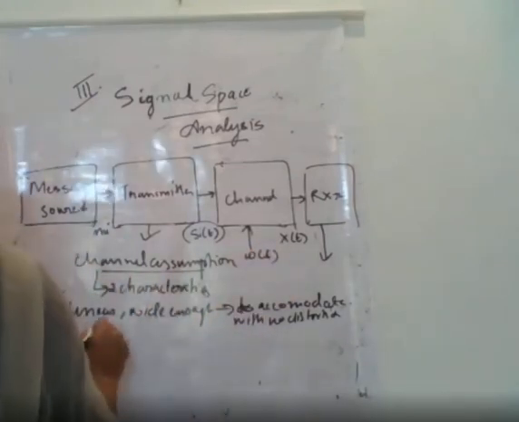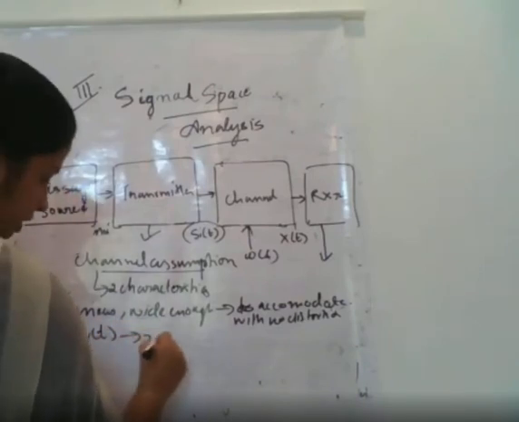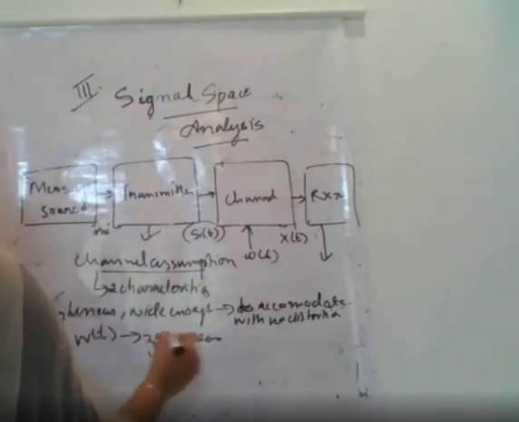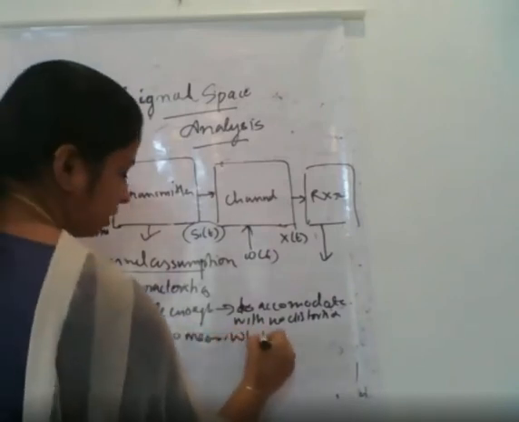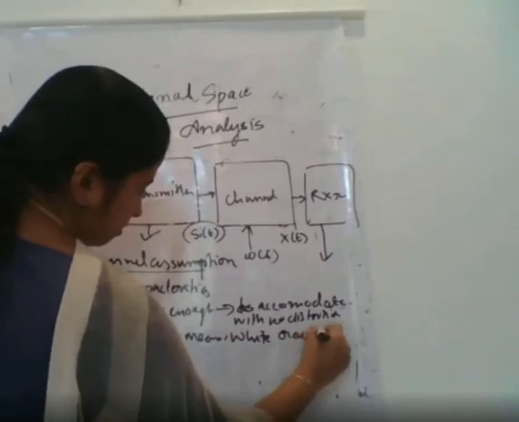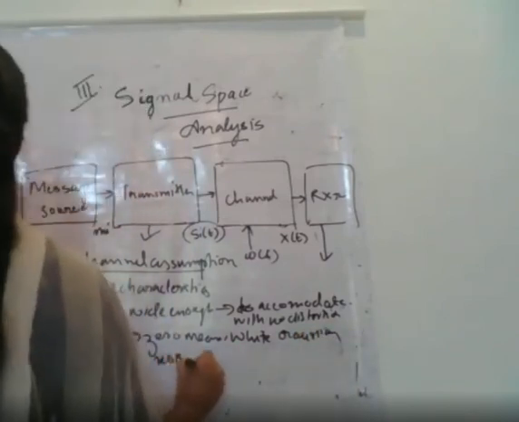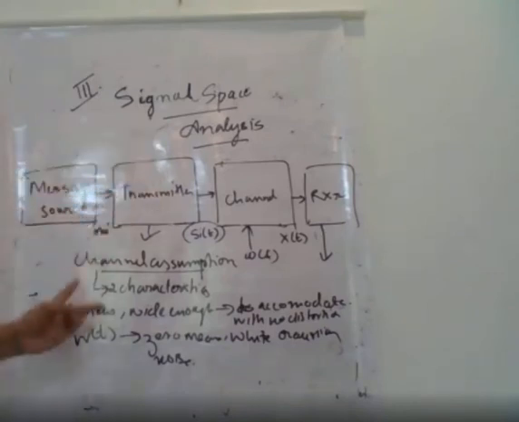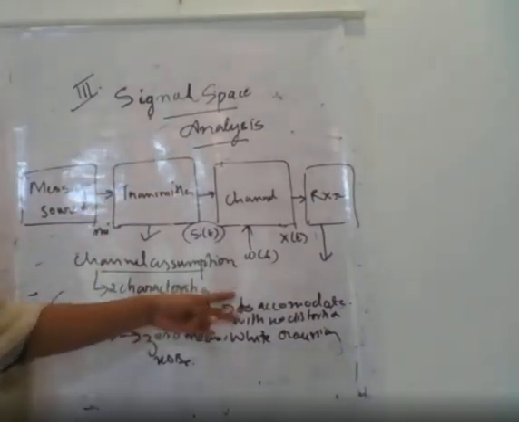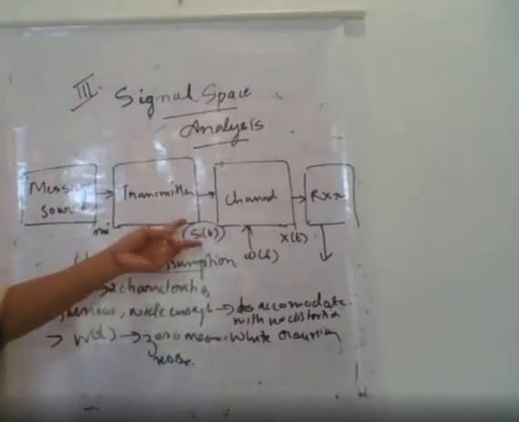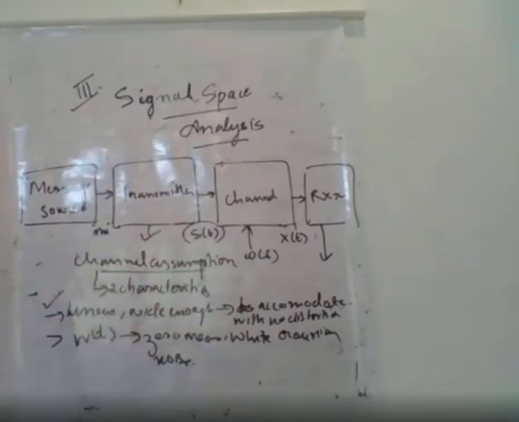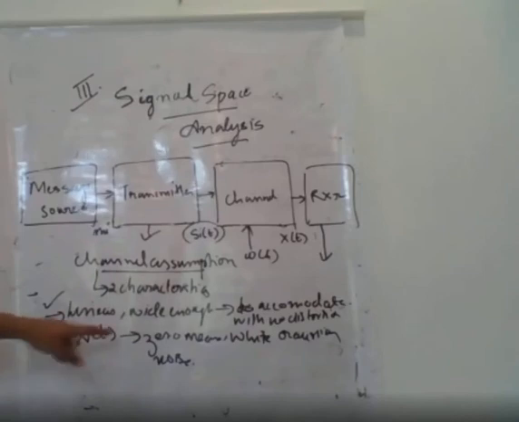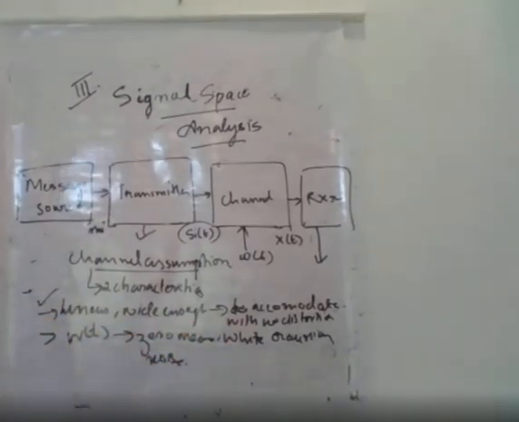The channel noise W of t has zero mean and is white Gaussian noise. So the channel has two characteristics. The first is that it is linear and wide enough to accommodate Si of t with no distortion. And the next is that the channel noise W of t is zero mean white Gaussian noise.